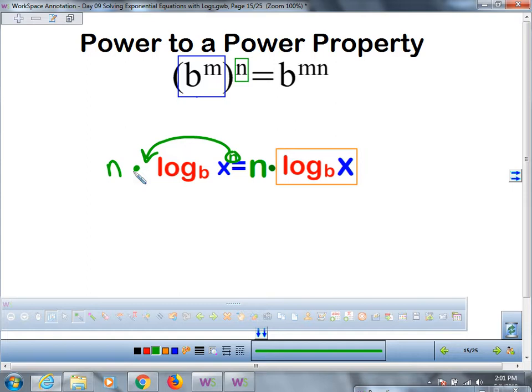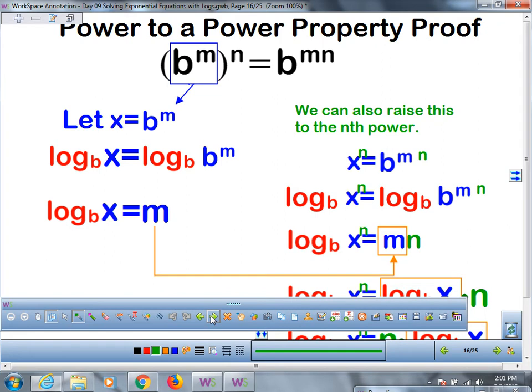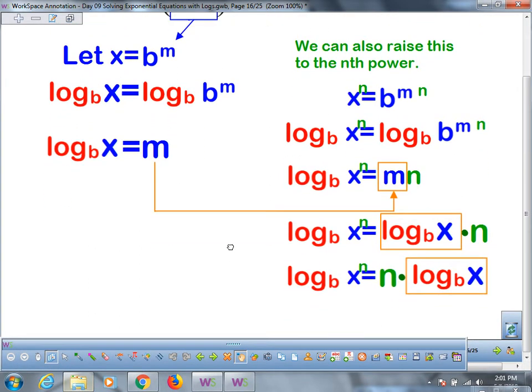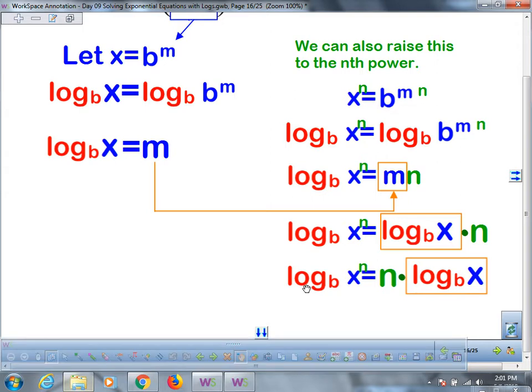Okay? We good? I'll put this on a poster as well. There's the proof for it, which I'm not going to go through. Pretty complicated, but you end up right there. If you're interested, we can look at it later.